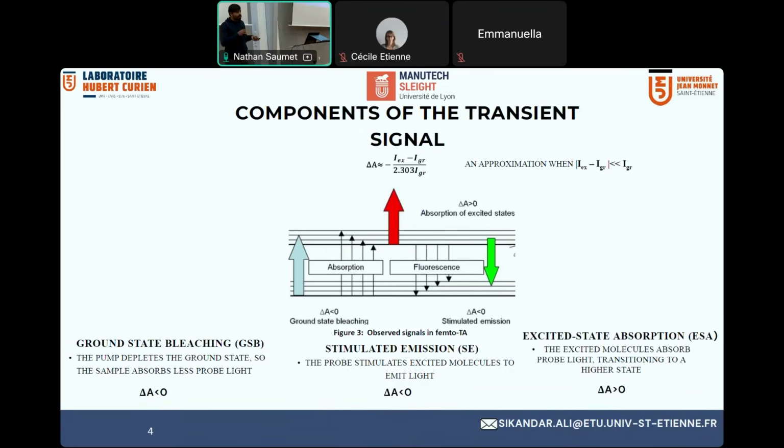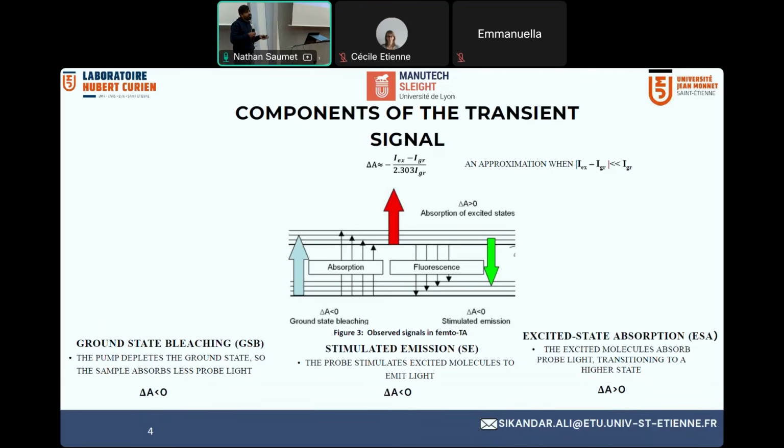The basic components that contribute to the detection of the signal are ground state bleaching, stimulated emission, and excited state absorption. In ground state bleaching, our pump excites the sample and bleaches the ground state, which is why we get a negative signal.